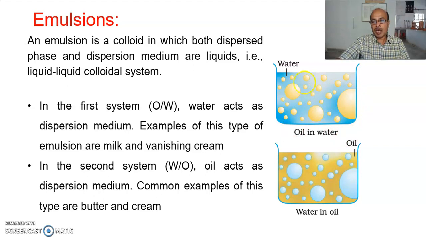Suppose this is an oil in water type emulsion. If water is added to this emulsion, no separate layer is formed. But once oil is added, a separate layer is formed. Similarly, for water in oil type emulsion, we can add any amount of oil, but once water is added, a separate layer is formed. So an emulsion can be diluted with any amount of dispersion medium.